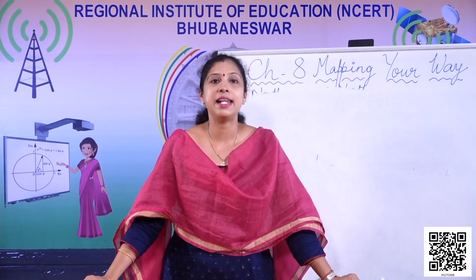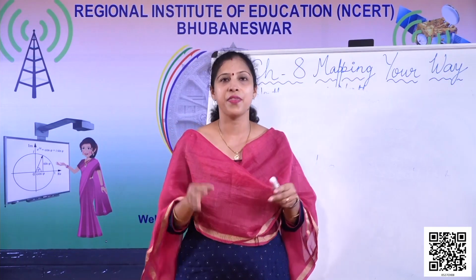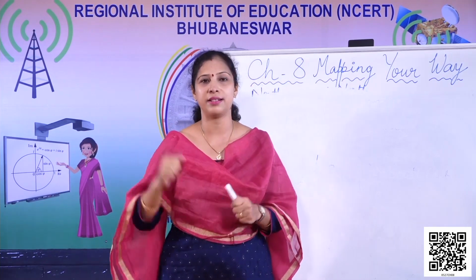Water bodies means lake, pond, river, sea, like that. Different shades of blue are used to show the water bodies. Brown is used to show the mountains and hills, whereas green color is used to show forest. Black color is used for man-made structures. That means roads, buildings, they are shown in black color.